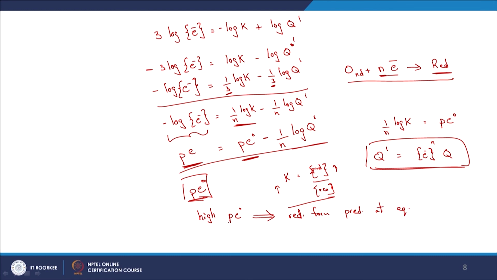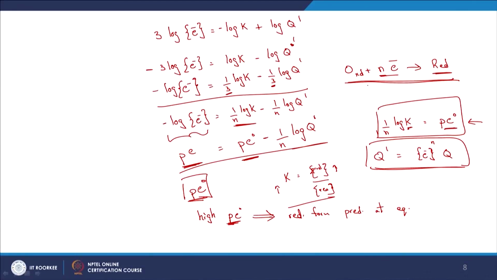And how did we get to this from here? Because we know that Pe naught equals 1 by n log k. A high value of Pe naught means a higher value of k, the equilibrium coefficient for that particular reduction half reaction, and this is the generalized form. And when will k be higher?